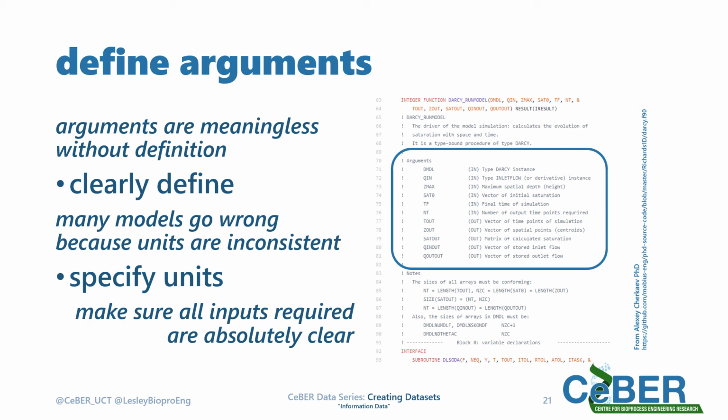So clearly define them and make sure that you specify the units for your own sake, because if units are inconsistent, the model goes wrong, but also for the person who's going to be using it, because they need to know what input is required and what the units of that input must be. So make sure you give the information in your code.